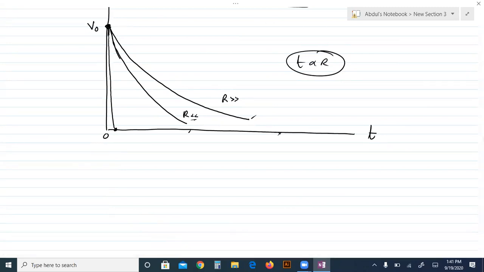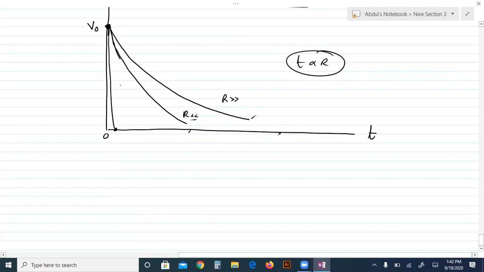So the discharging of the capacitor occurs across the resistor, and the time of discharging depends on the resistance. With negligible resistance, negligible time is taken, and a huge amount of energy is released within a small time. But when a large resistor is connected, it will take longer to discharge. And this discharging is exponential.